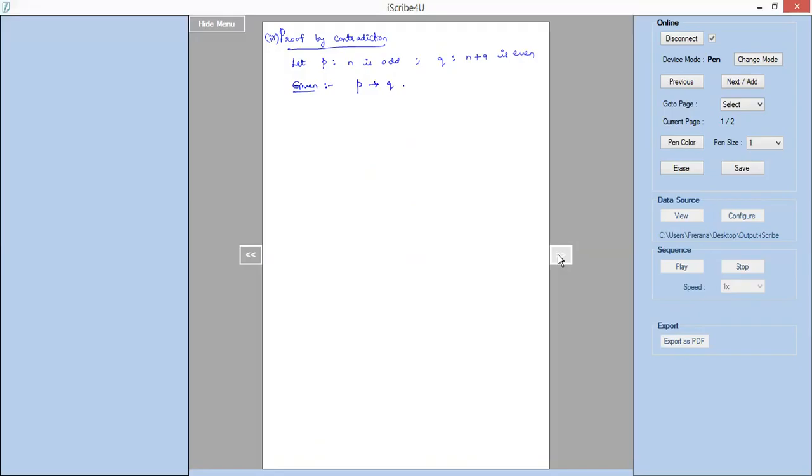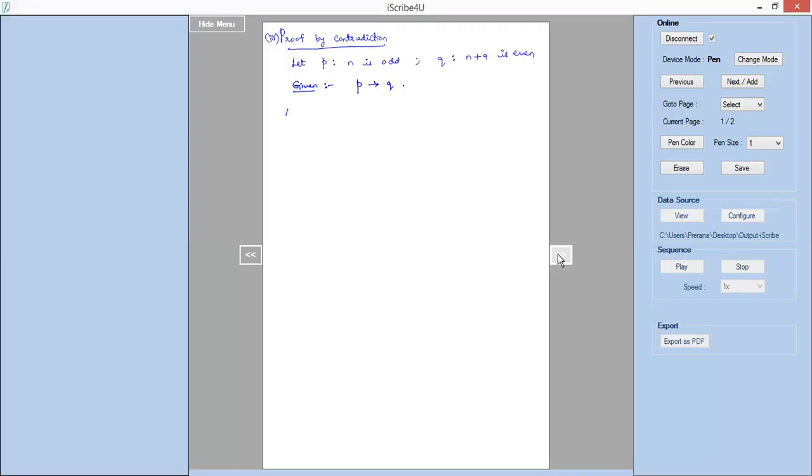We have to assume that P conditional Q is false, which will give us P is true and Q is false. So starting with Q being false, we have to arrive at a contradiction that P is also false. If we arrive at P is false, then we have proved it by the contradiction method. So let us see how to do that.